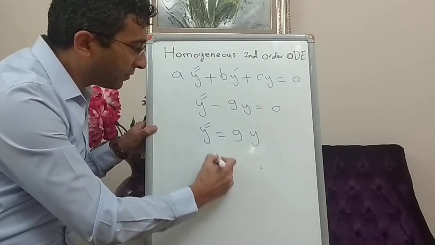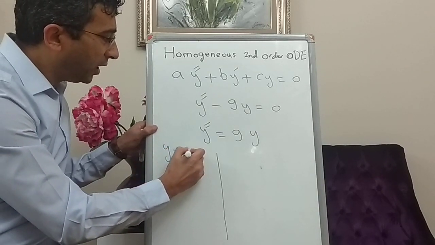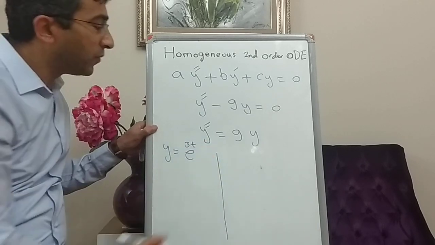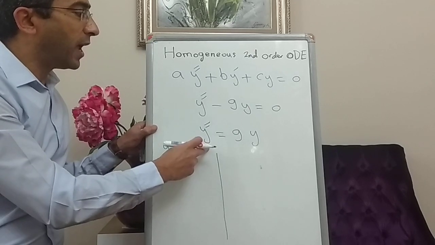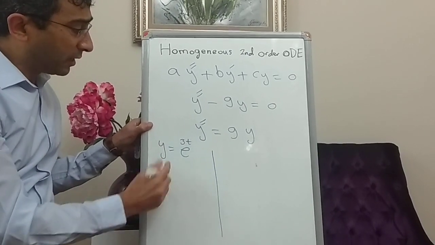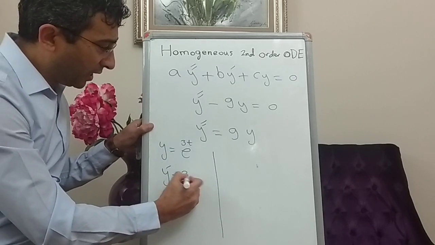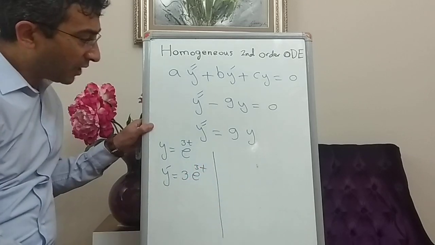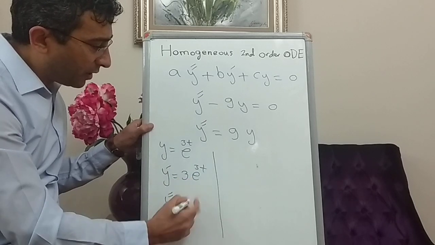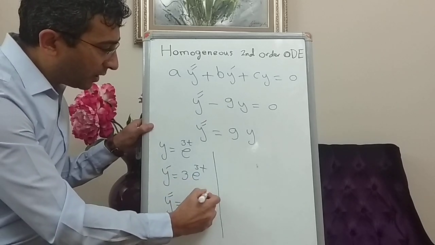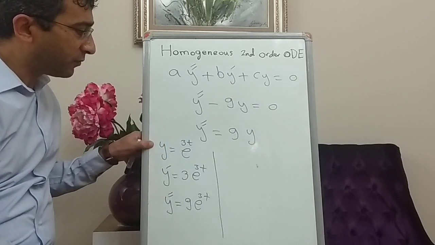As a first guess, one student will say y is equal to e to the 3t, because the exponential function, when you take its derivative, gives the same function. The first derivative of e to the 3t is 3e to the 3t, and the second derivative is 3 times 3, which gives 9e to the 3t. So this function is a solution for this differential equation.